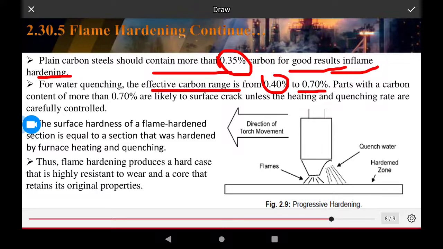Parts with a carbon content of more than 0.70% are likely to surface crack unless the heating and quenching rates are carefully controlled.